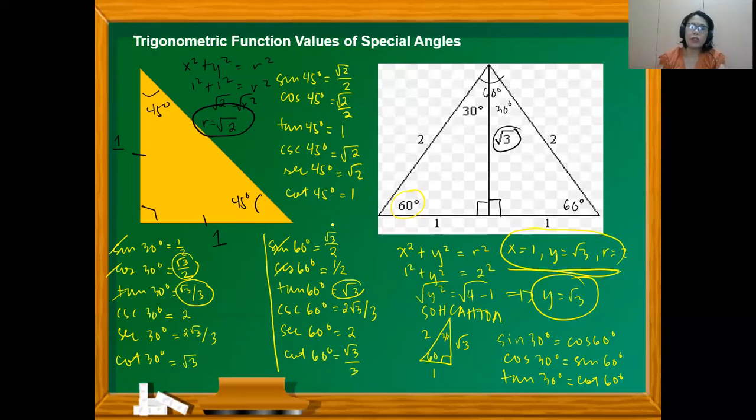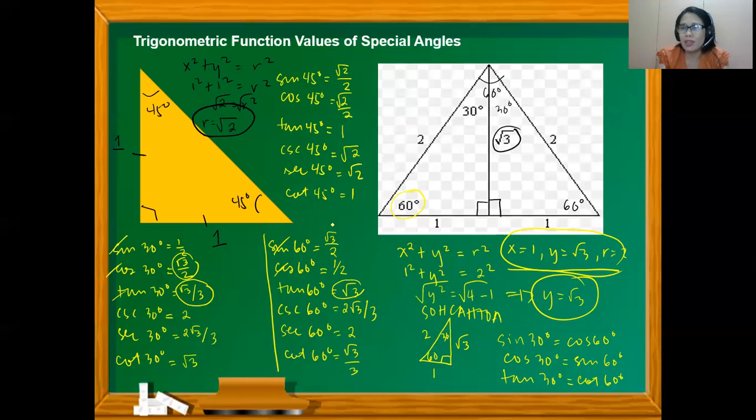Now, obviously, as you can see, each trigonometric function value involving the special angles 30, 45, and 60 degrees is positive because these are all acute angles and the terminal side of these acute angles lies in the first quadrant. So from the previous discussion, you know that the sine value must be positive because both the x and y coordinates are positive and r will never be equal to a negative value.